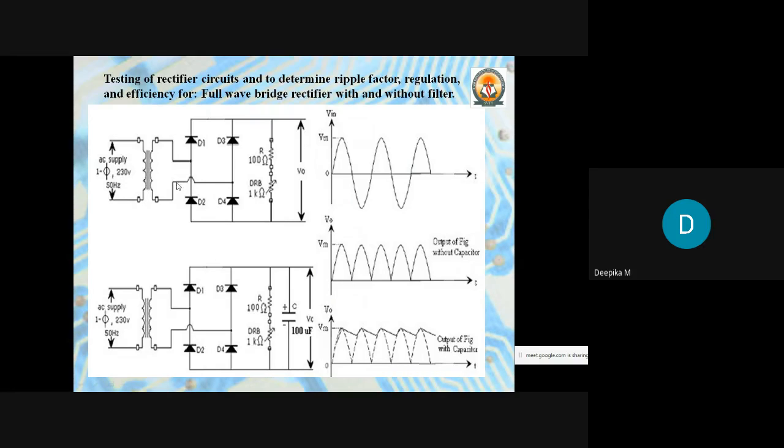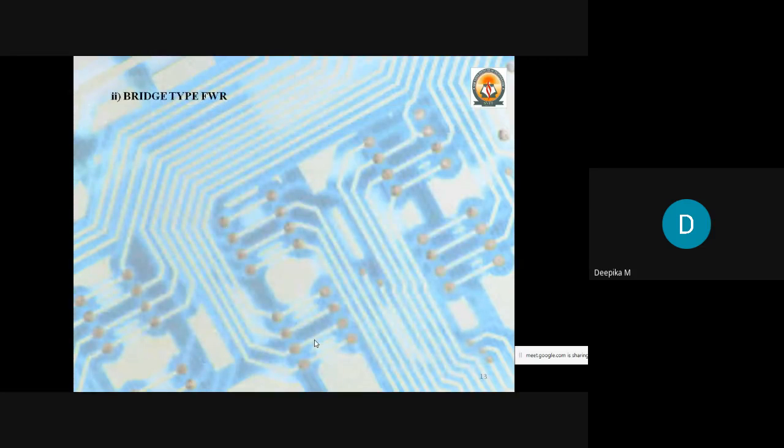So current will flow from the transformer to D3, to the load resistor, and to D2 and to the transformer again. Like this the circuit is connected, and therefore you are going to get the output voltage in this form. And if you use the filter, the output waveform is smoothened, and you are going to get a better and better waveform with respect to the DC. So this is nothing but the bridge wave rectifier.